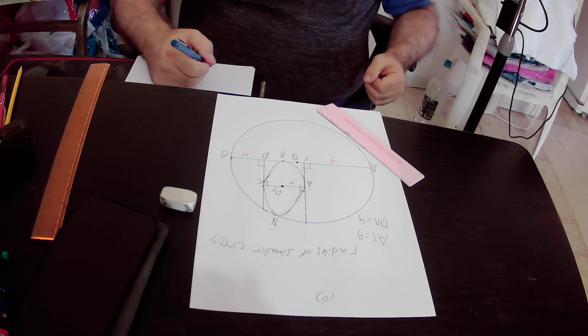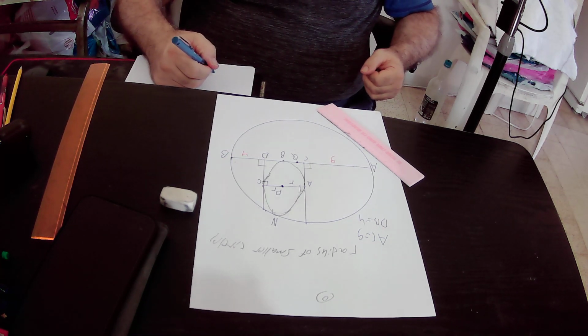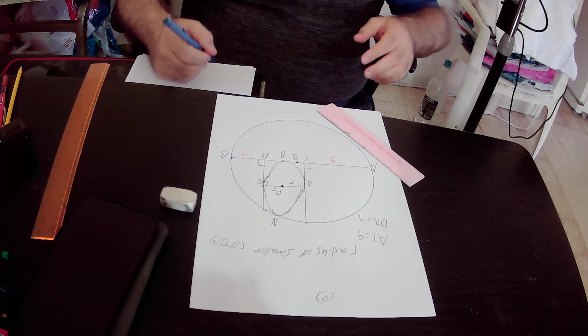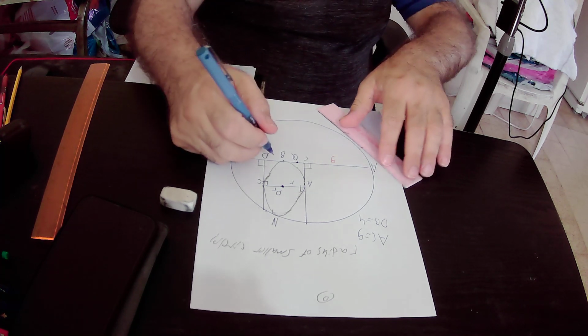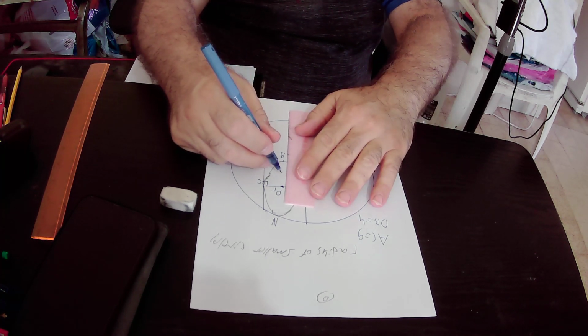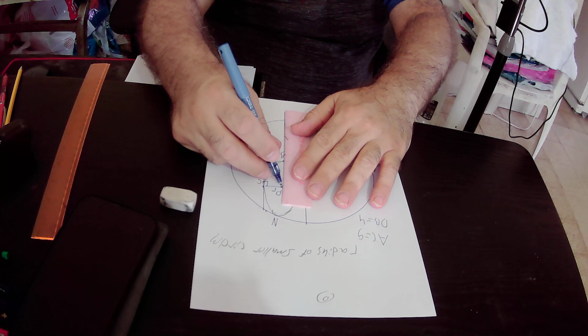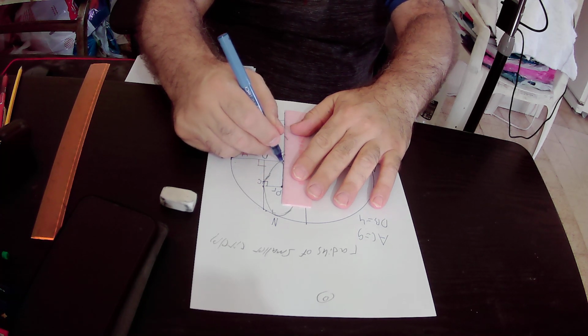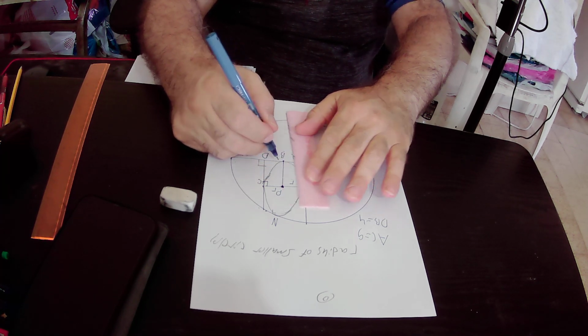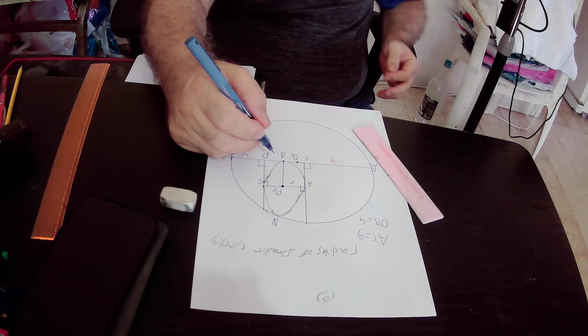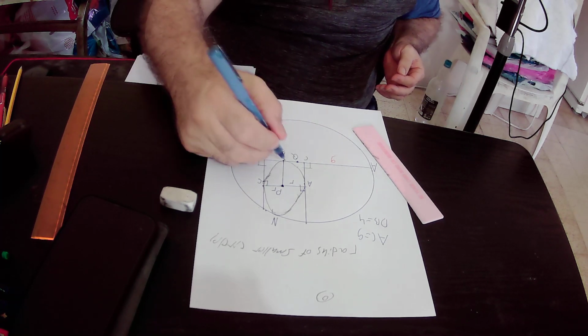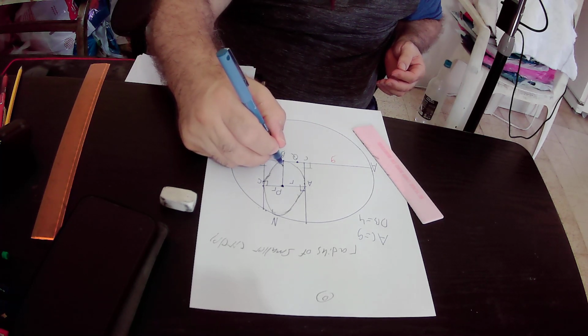And then we will draw a third radius to the point of contact, that is to say to point B, and again the radius is perpendicular to its tangent, and for that reason this angle equals 90 degrees.